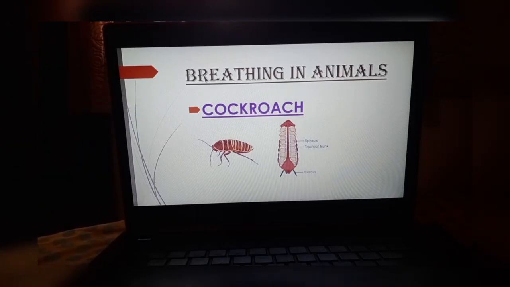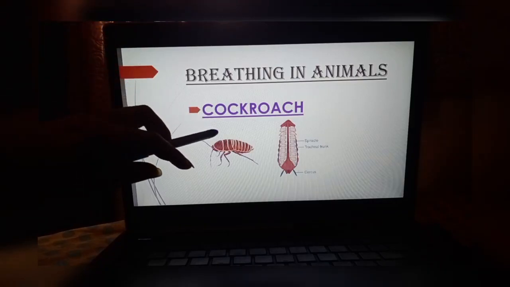Like the breathing organs of insects are different from human beings, and the human beings' breathing organs are different from frogs, and frogs' breathing organs are different from fishes. So each and every type of organism on the earth has its own special type of breathing organs.